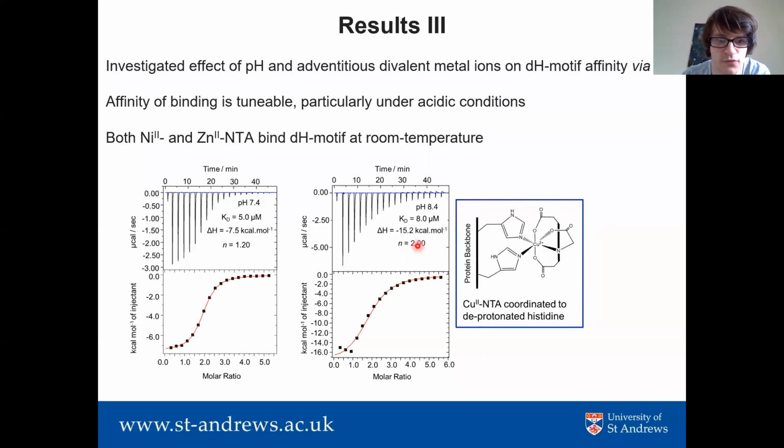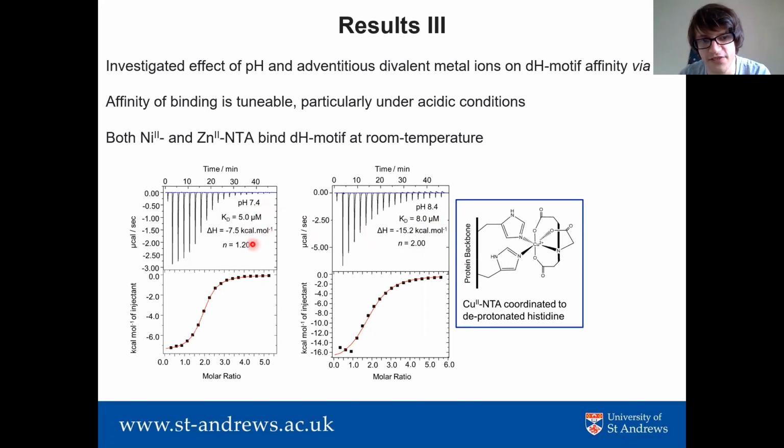If we then move to pH 7.4, we find a recovery of binding. So we get a KD in the low micromolar regime again. And then at pH 8.4, this is quite interesting because thermodynamically, this binding is actually much stronger than at pH 7.4.